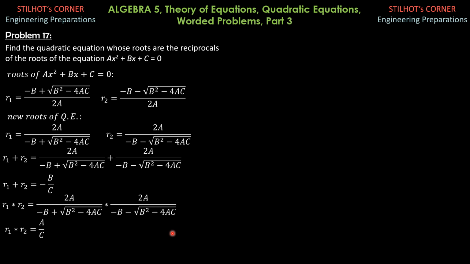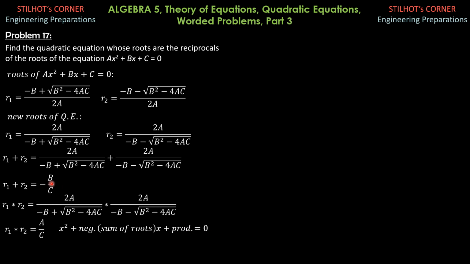Then we substitute into the formula x squared minus sum of the roots times x, plus product of the roots equals 0.